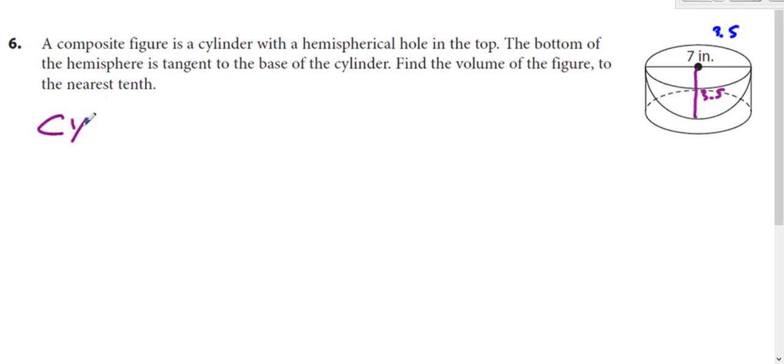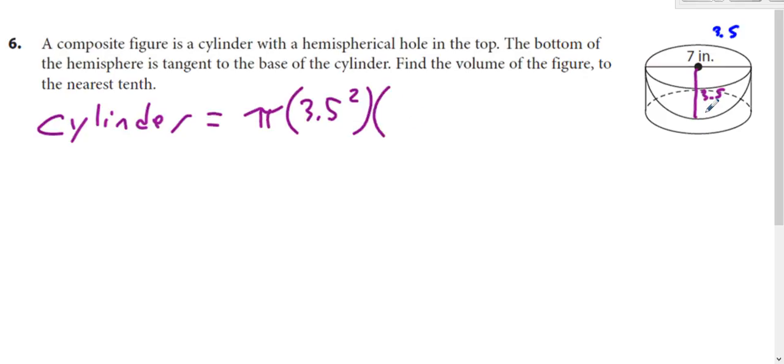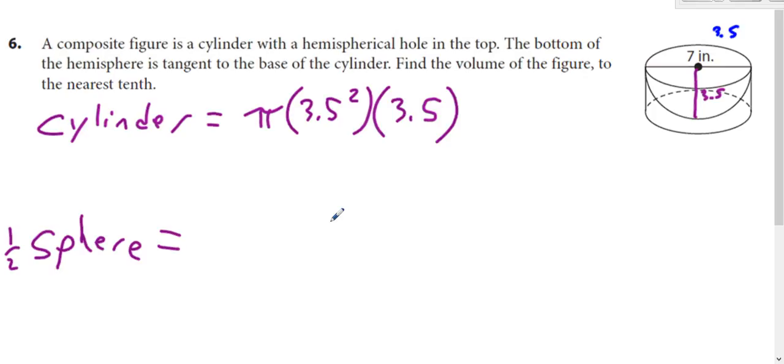Do our cylinder, which is pi r squared times the height. And we just said the height's 3.5. And then we have the half of a sphere, the hemisphere. Formula is 4/3 pi radius cubed.